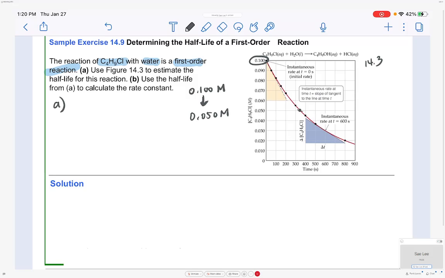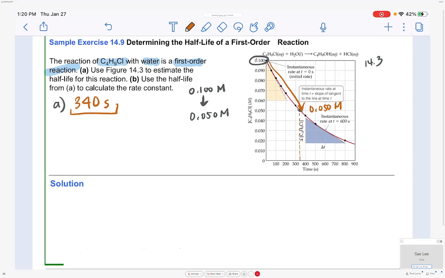Then if you go to the x-axis, the time for the initial concentration of 0.1 molar to become half, 0.050 mole, is about 340 seconds. So after 340 seconds, this concentration will become half, 0.050 mole.